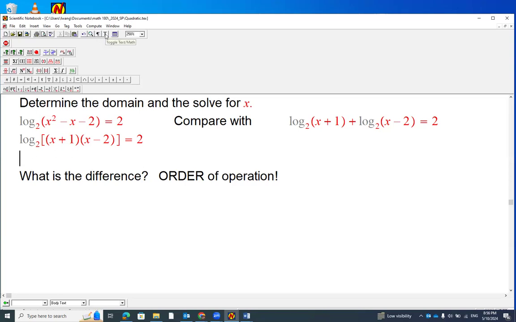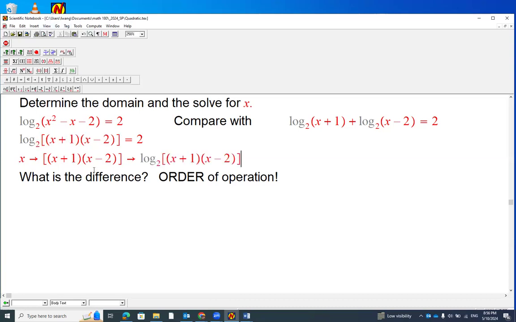We're talking about input, output. You have an x as input. In the former, you have to do the bracket first. Okay, so we're going to do the bracket. After the bracket, we do the logarithm. Okay, that's the order of operation.